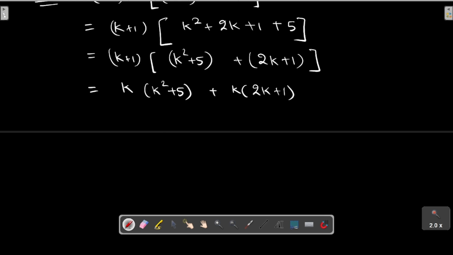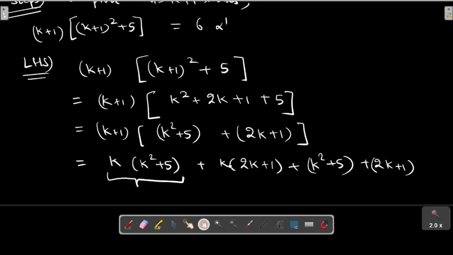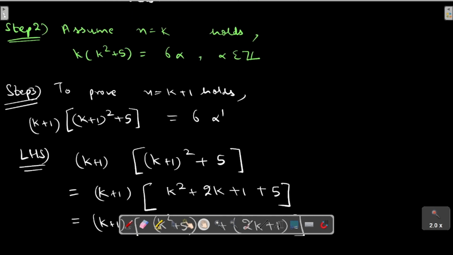Fine. We are multiplying k with this. Now with 1, what will it give me? k square plus 5 plus 2k plus 1, right? Now this is from the assume part, right? This is your assumption. Let's label this as star.